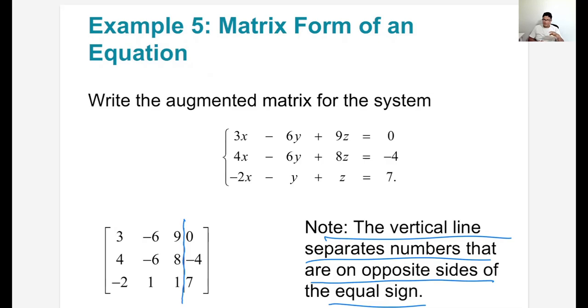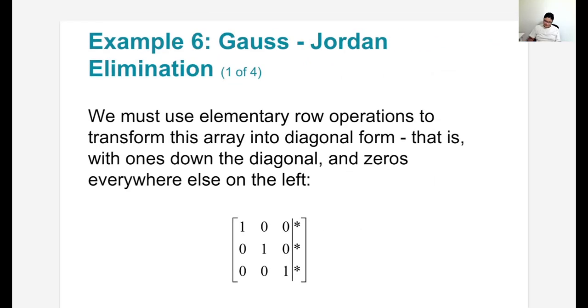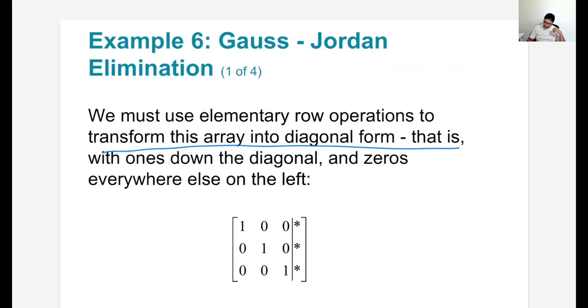I think in this type of format they get condensed. You might want to write them a little farther apart for clarity. When we do this, we must use elementary row operations to transform this array into the diagonal form, where only the diagonal has numbers, and that also will be 1, 1, 1.